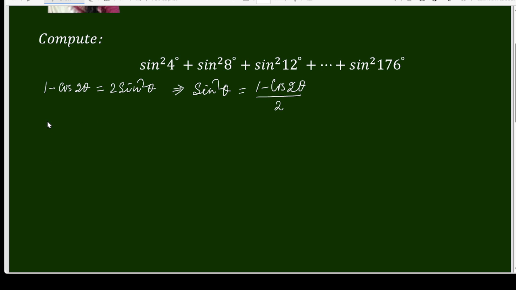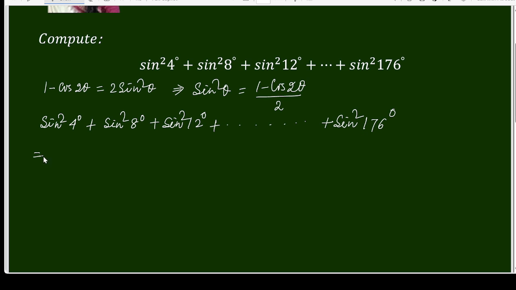So first, let me write the question once: sine square 4 degree plus sine square 8 degree plus sine square 12 degree, that means it is a multiple of 4. The last is sine square 176 degree.